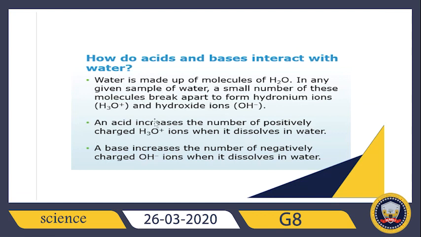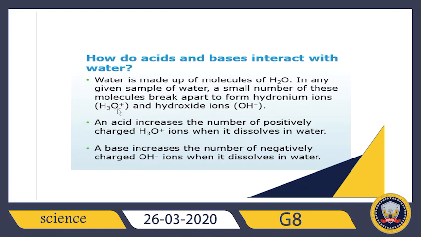In any given sample of water, a small number of these molecules break apart to form hydronium ions and hydroxide ions. Hydronium ions are made up of 3 hydrogen atoms and 1 oxygen atom, and have a positive charge.